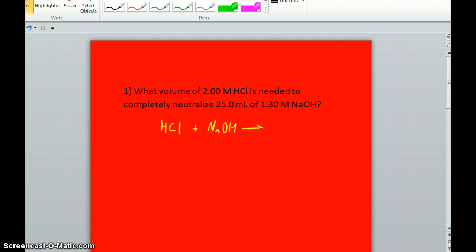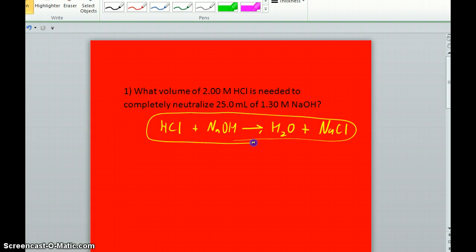And of course what happens here is the hydroxide ions react with the protons from the strong acid and the strong base, and they form water, and the remaining product would be aqueous ions of sodium and chloride. Now, this is the total molecular reaction and how it would be written with phases. This would be aqueous, this would be aqueous, this would be liquid water, and this would be aqueous.